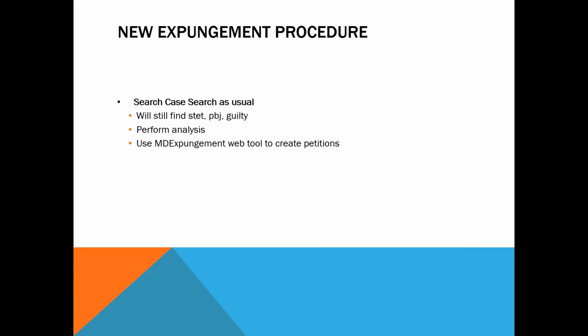You can see convictions, you can see cases that received a stet or probation before judgment, and you can perform the analysis as usual. You can still use the MD Expungement web tool or the website to generate your petitions after you've performed legal analysis on those cases.